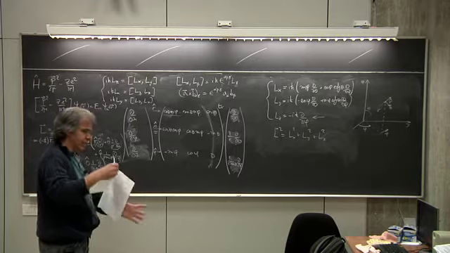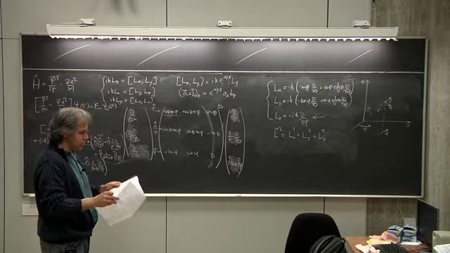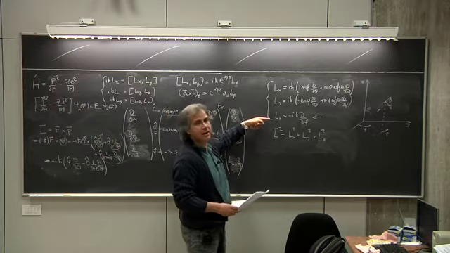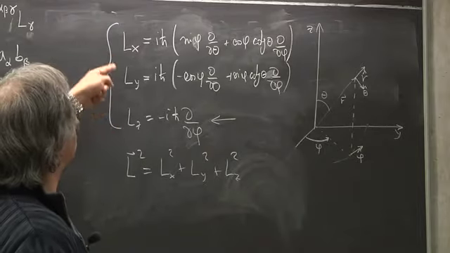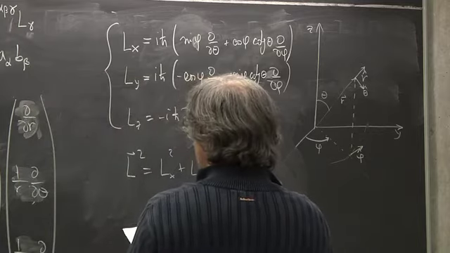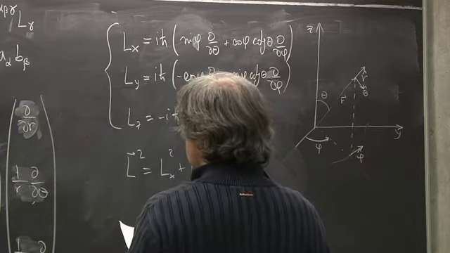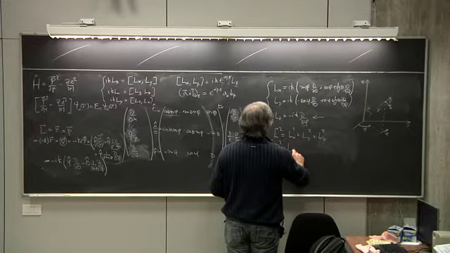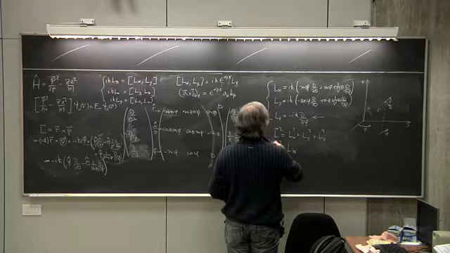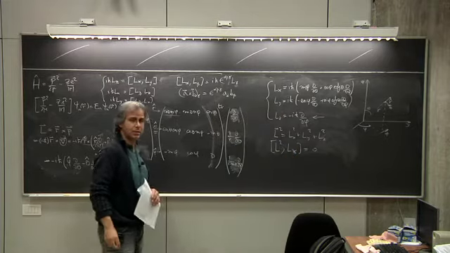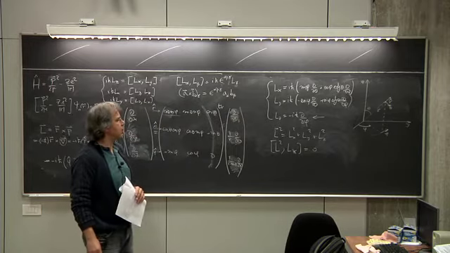What is important is that this object commutes with any of the three individual components of the angular momentum. In other words, you can verify, for instance, that L square commutator Lx is equal to 0, and the same for Ly and Lz. The calculation is simple.